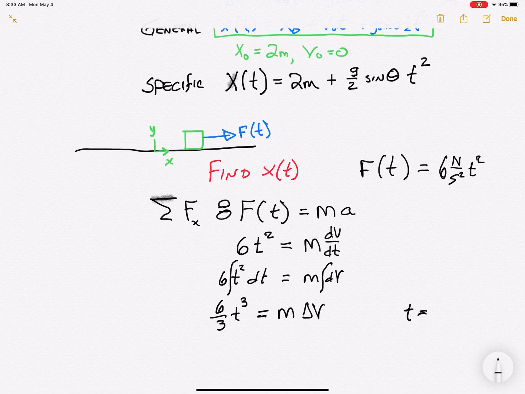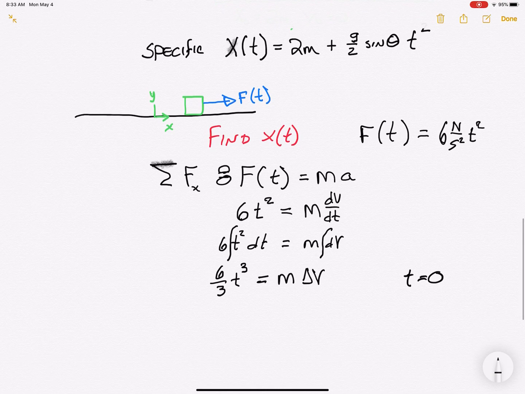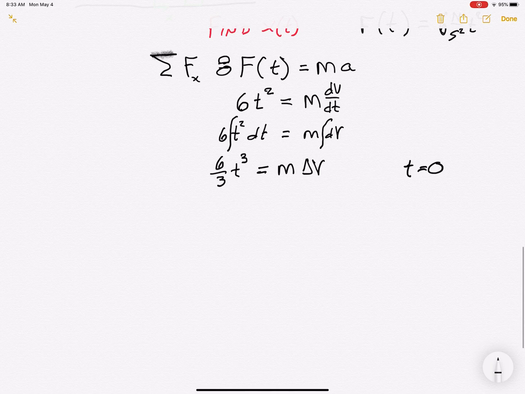We're making a note that t initial is equal to 0. Okay, so now I wind up with 2, let's bring the m over, 2 over m t cubed is equal to velocity not plus this, and this would be velocity as a function of time.